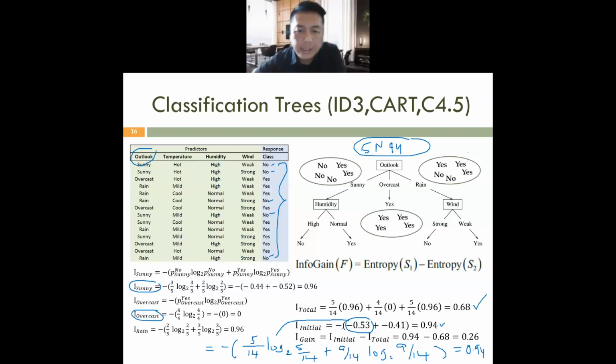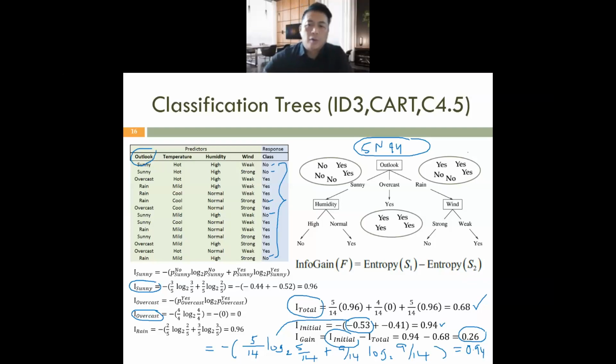So to know the information gain, we want to deduct the entropy after you split from the initial entropy. So this is the information gain that we get, the value of information gain after we split the data using the outlook attribute.